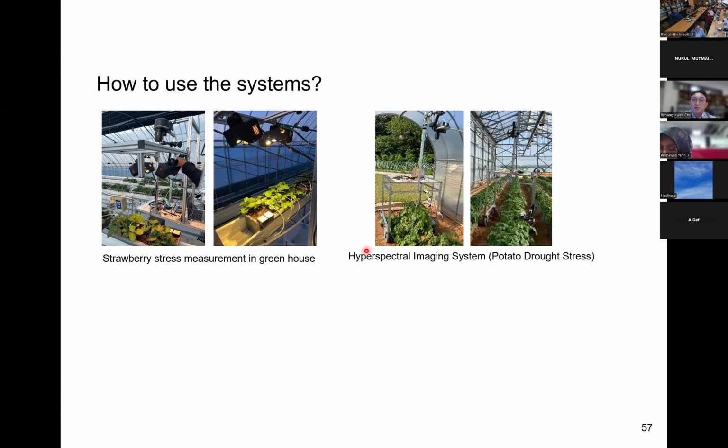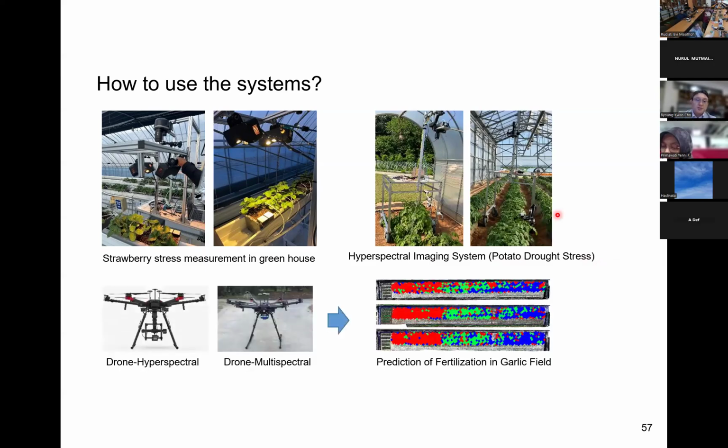The research is going on, and a hyperspectral imaging system for potato drought stress measurement. And sometimes we are using drone hyperspectral images and drone multispectral images to predict stress of plants or predict the fertilization in a plant field. This is an example of prediction of fertilization in a garlic field. So that's what we are doing now.